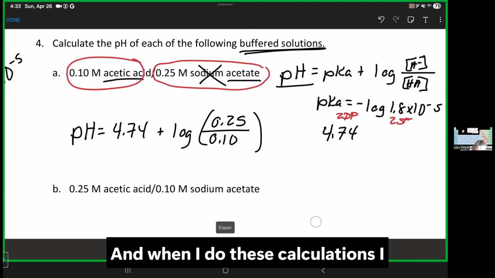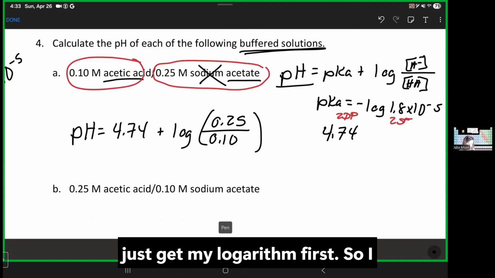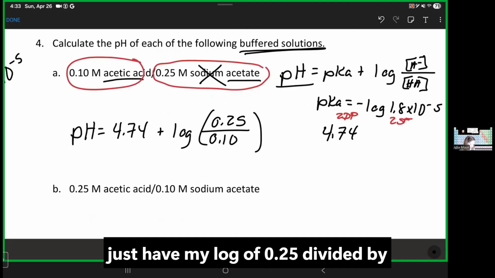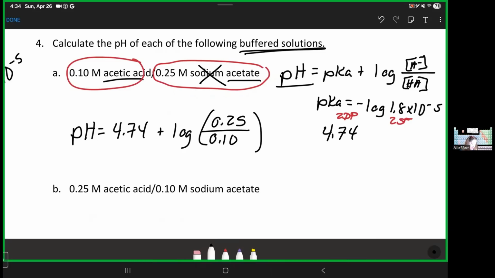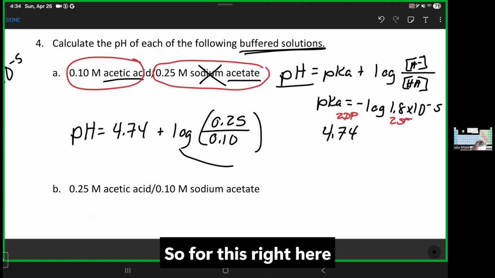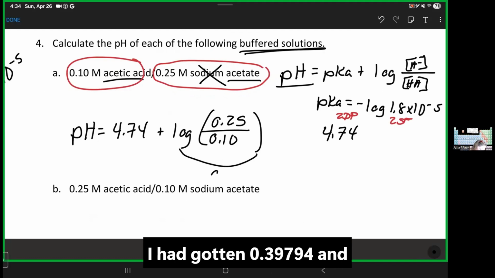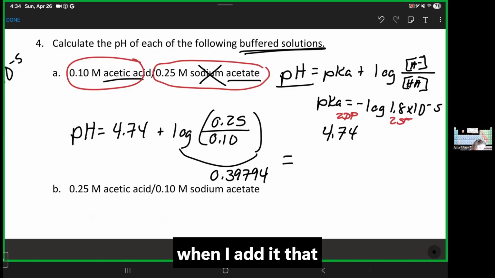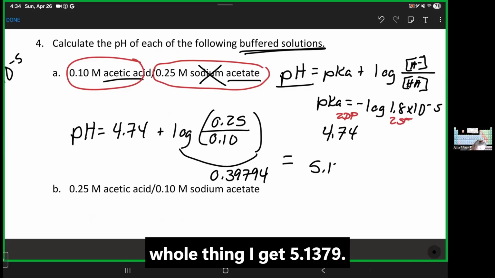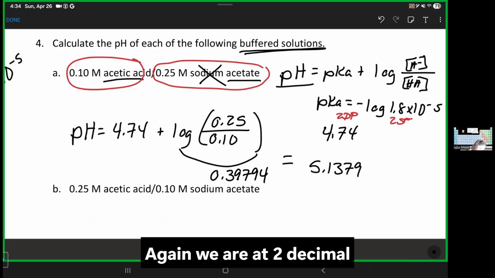And when I do these calculations, I just get my logarithm first. So I just have my log of 0.25 divided by 0.1, and then I add that to 4.74. So for this right here, I had gotten 0.39794 and some other numbers. And then when I add that whole thing, I get 5.1379. Again, we are at 2 decimal places in our logarithm.